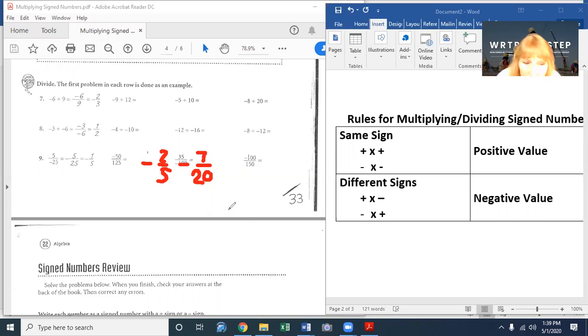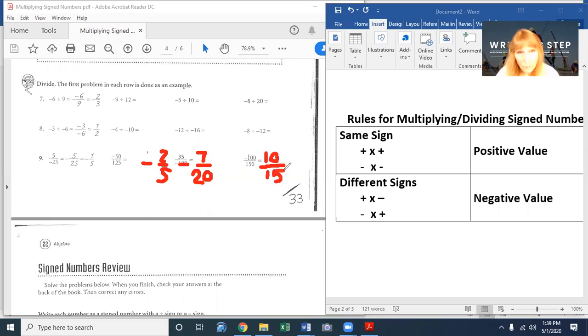And the last one in this row, negative 100 divided by 150. So I'm going to take 10. 100 divided by 10 is 10. And then 150 divided by 10 is 15.